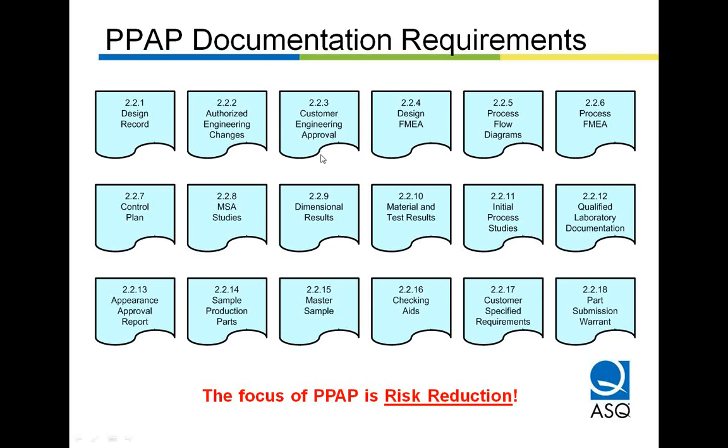The third of these blocks, if there's customer engineering approval required, that's where those documents would go. If you are design responsible, then you'd include a design FMEA, or a lot of companies will choose to keep that information confidential and in a file, and instead put a document in this chapter telling where those documents reside, but holding that information confidential and not letting it out of the bag, so to speak.